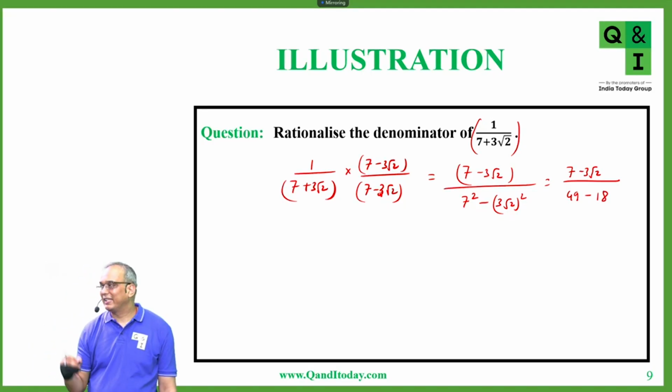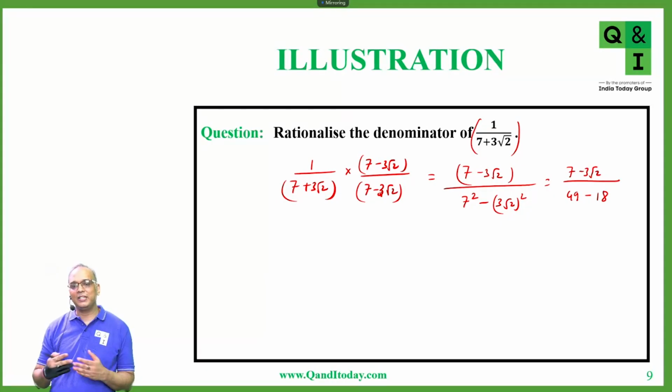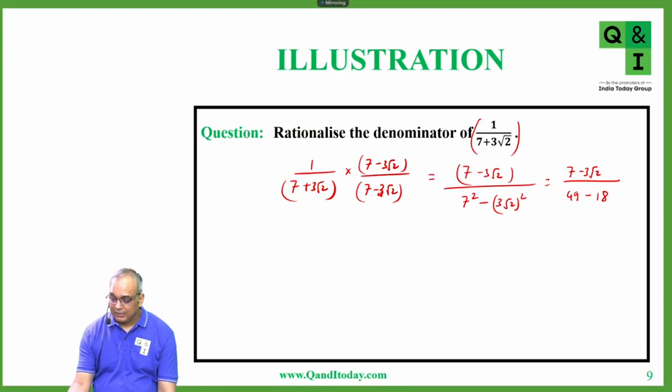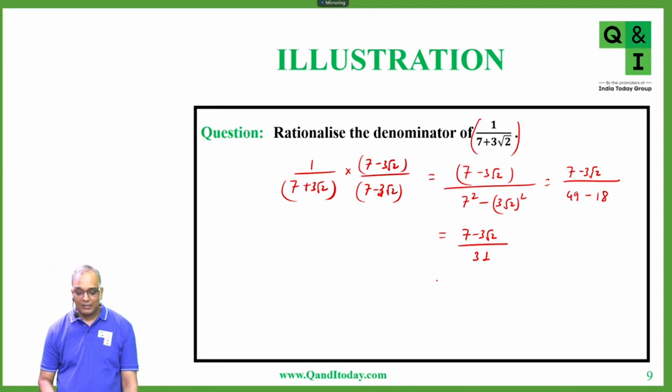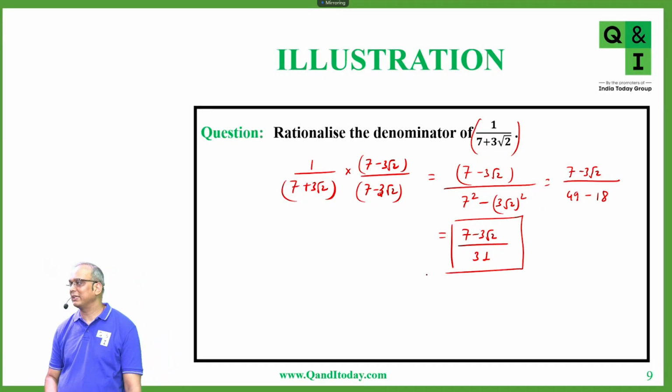Because 3 root 2 into 3 root 2, you will multiply 3 into 3, that is 9, and root 2 into root 2 is 2. So 9 into 2 will give you 18. So now this is 7 minus 3 root 2 divided by 31. So after rationalizing the denominator, this is the answer which you get, 7 minus 3 root 2 over 31.